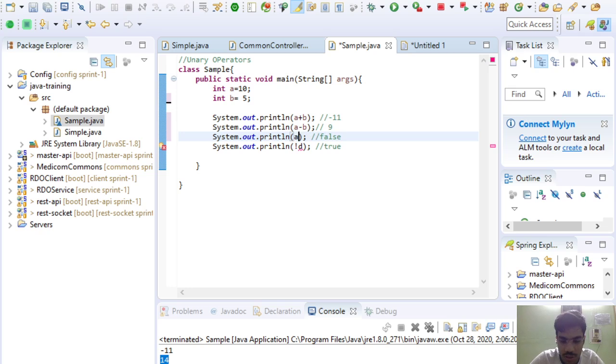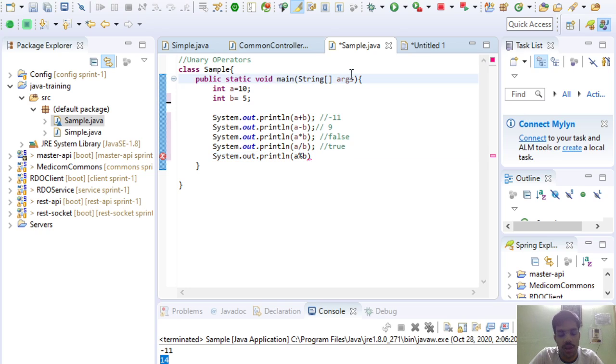Here a star b, a modulus b, a by b. It is very different. A modulus b is a remainder, while a by b is a division, a quotient type.